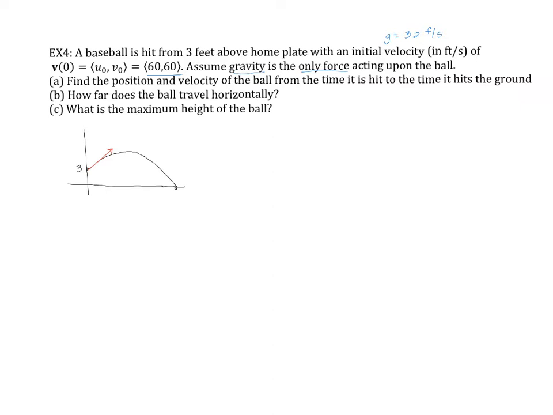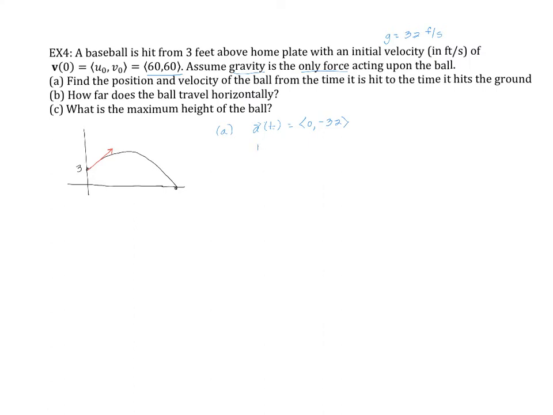And now for part A, I'm going to be using the acceleration. Since gravity is the only force acting upon this object, the acceleration is going to be the vector 0, comma, negative gravity, and gravity in this case is 32, so remember it's negative gravity.